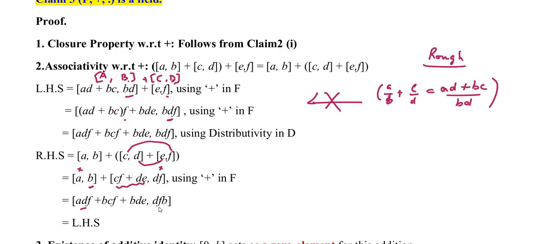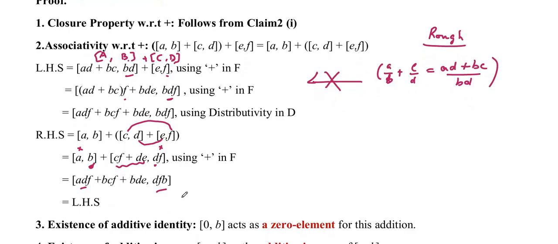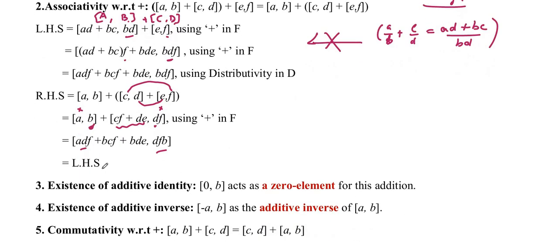So this is what we have, and then the second one just to multiply these two and put it in the second place. So you have the same thing, ADF plus BCF plus BDE plus BDF, but because D is commutative, that and that will not pose any problem. So that is your LHS.